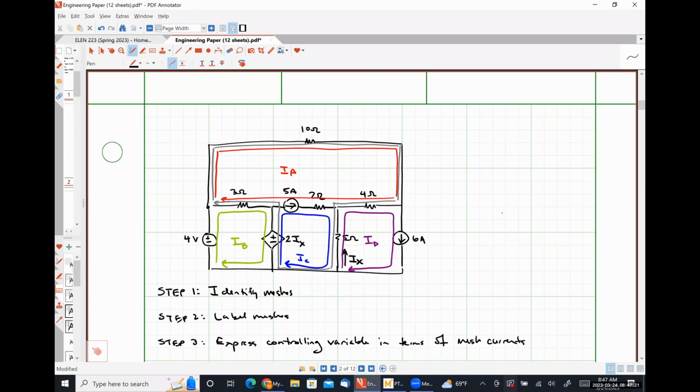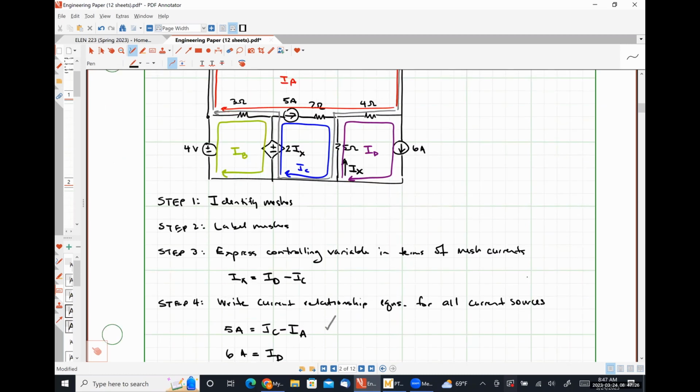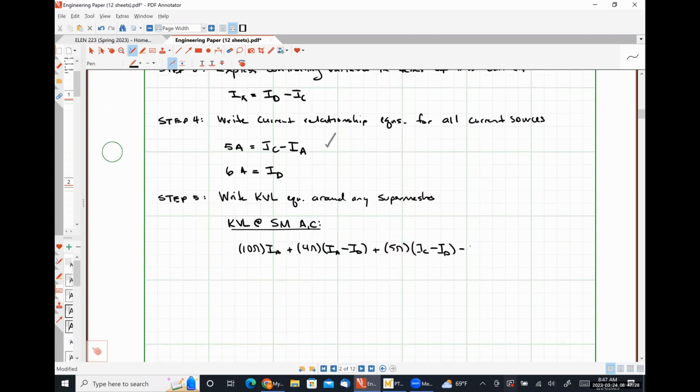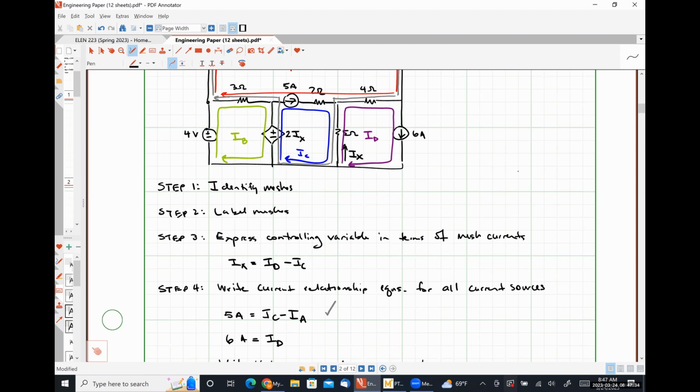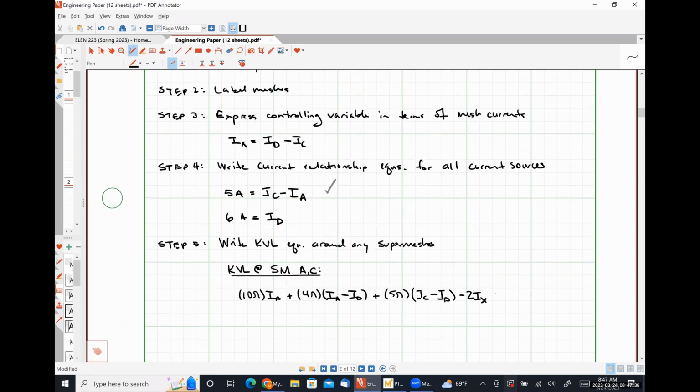Coming along the bottom, we then see the negative polarity terminal of our 2ix voltage source, so that's going to look like minus 2ix. Then we see the 3 ohm resistor. We're back to following IA. Set that equal to 0.